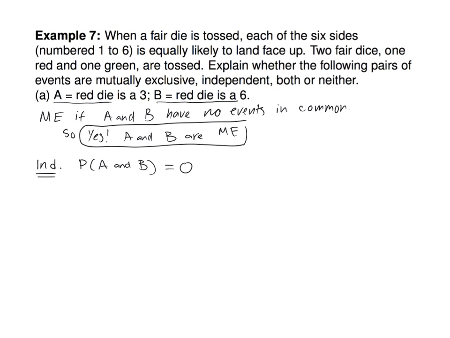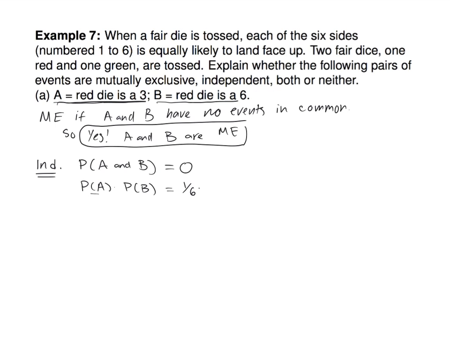Okay, how about what's P of A times P of B? So what's the probability of having a red die being a 3? If you roll a random die, not only considering A and B as possibilities, what's the chance of the red die being a 3?